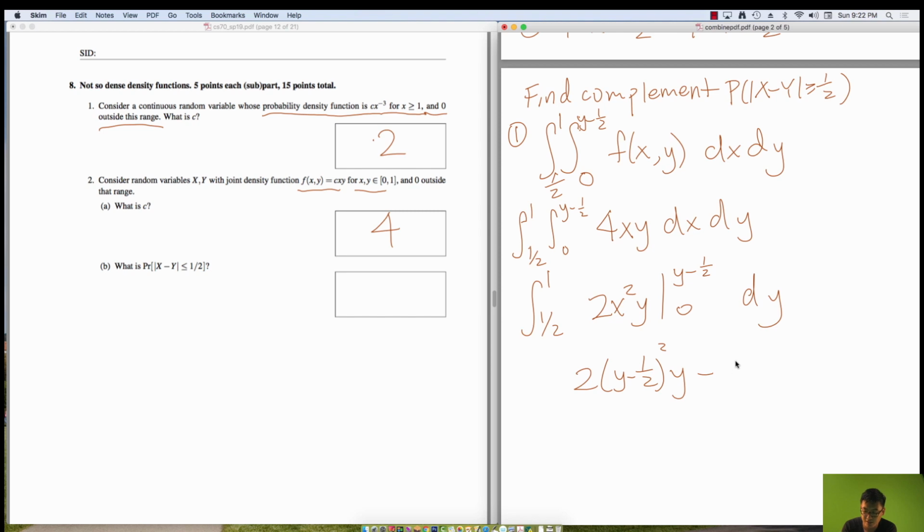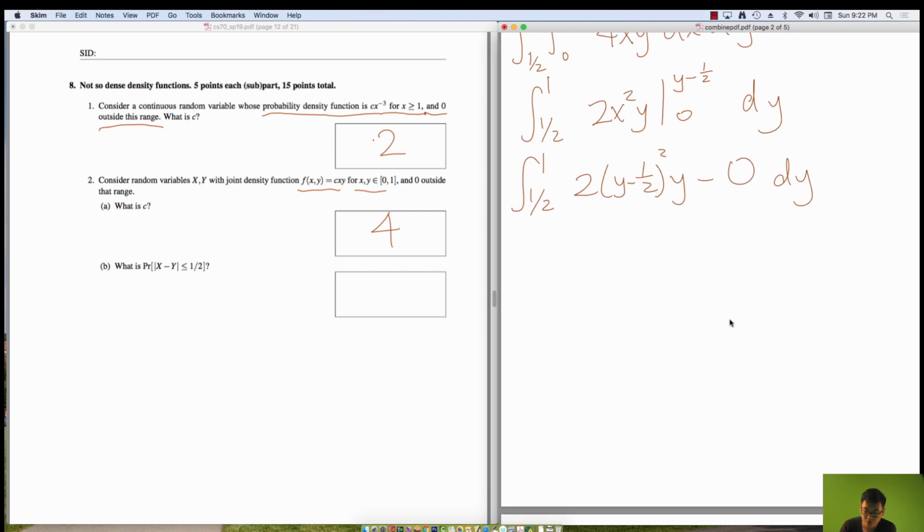And if I evaluate this at 0, I just get 0. And so I'm going to pull the 2 out and expand the squared term. So this is just y squared minus y plus a fourth times y dy. And I can multiply the y to get y cubed minus y squared plus 1/4 y.